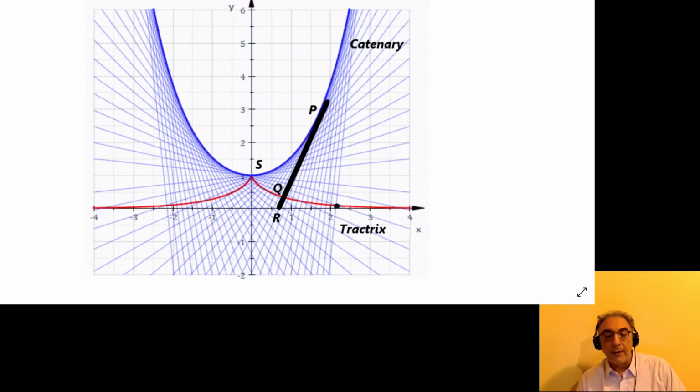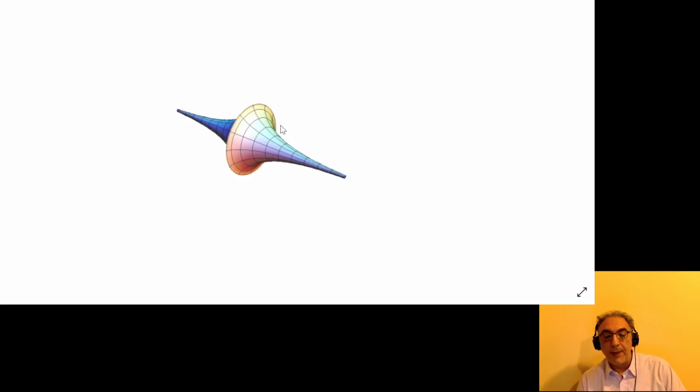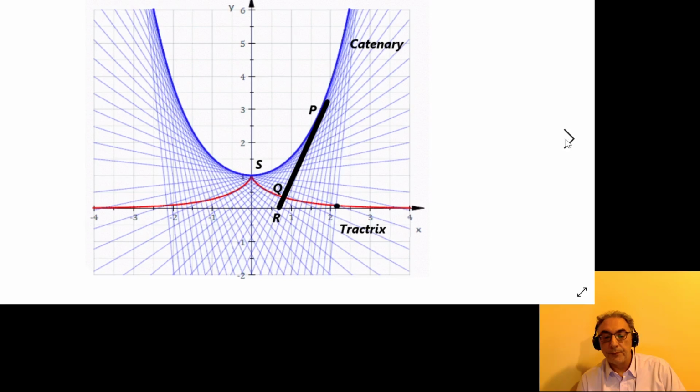So a point on the pseudosphere in the cross-section will be a point on the tractrix curve on our screen, and it is this point Q that appears here.